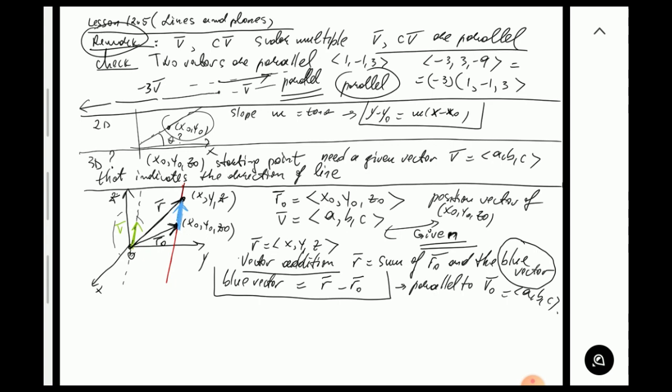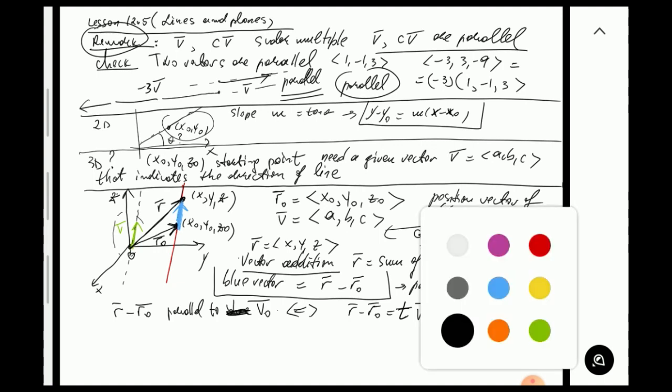I can state this in a compact way: r minus r naught is parallel to v bar, which is equivalent to r minus r naught being some scalar multiple t of v bar. So t is a scalar. I typically denote it by t in this context because this leads to parametric equations, and t is the traditional notation for a parameter in parametric equations.